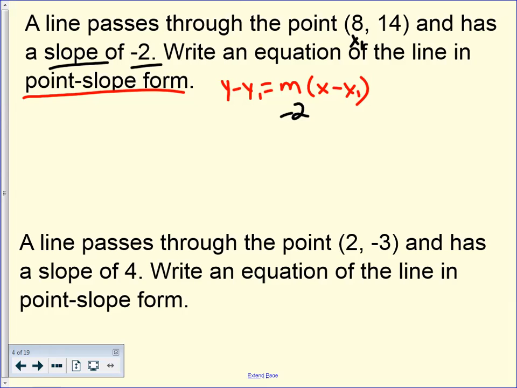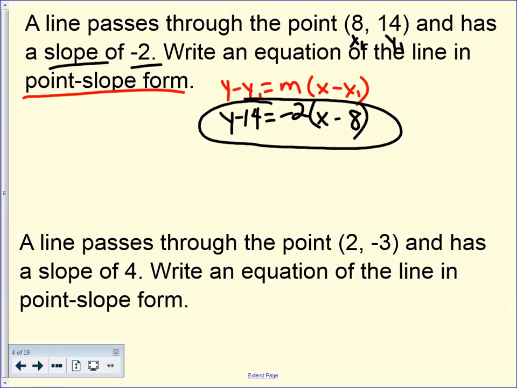So my x1 is going to be 8, my y1 is going to be 14. So put 8 in for x1 and put 14 in for y1, okay? They were both positive, so they're going to be negative in the equation. y minus 14 equals -2 times x minus 8. And keep those parentheses, by the way. You do need those in this equation.